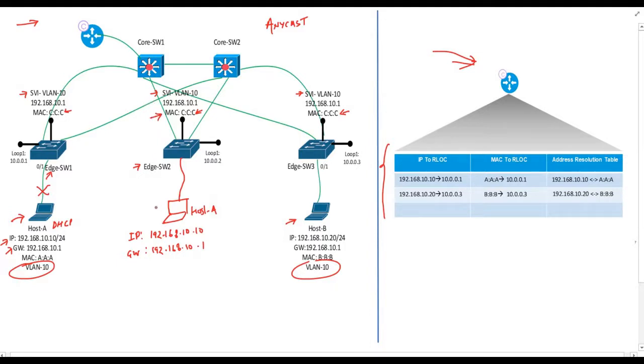The MAC address will also be the same, as we know that the MAC value of A:A:A is already in the ARP table of host A, correct? And I don't want host A to again resolve the MAC address corresponding to the IP address, obviously through our protocol.